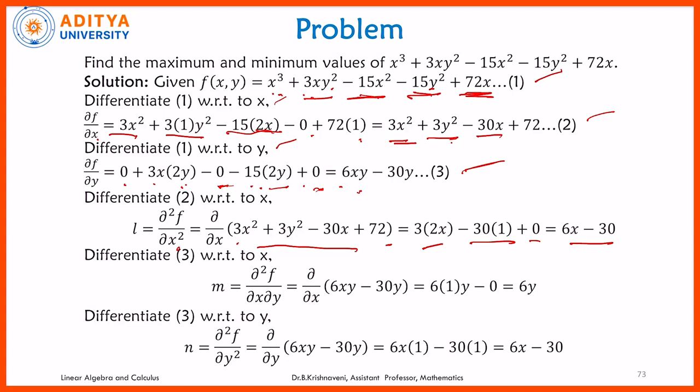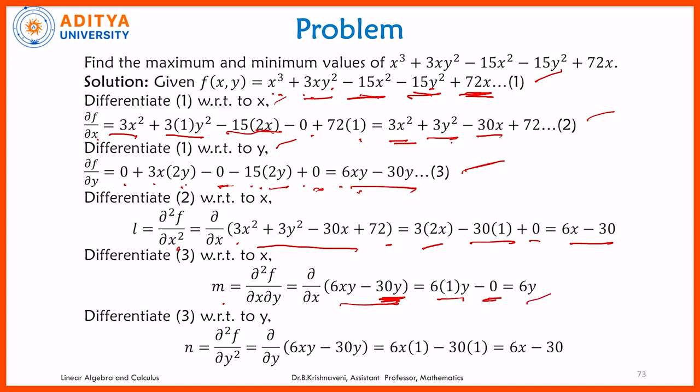Next, differentiating 3 with respect to x, which is M, dou square f by dou x dou y. That is dou by dou x of dou f by dou y. Dou f by dou y is 6xy minus 30y. Now, derivative with respect to x partially, 6 into 1 into y, minus with respect to x, 30y constant, derivative 0, which is 6y.